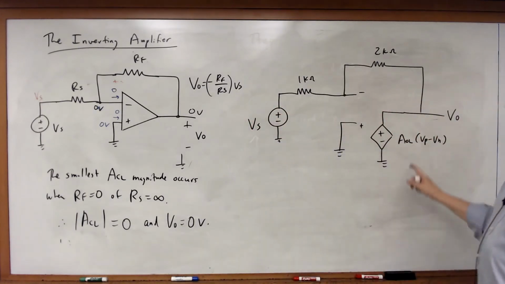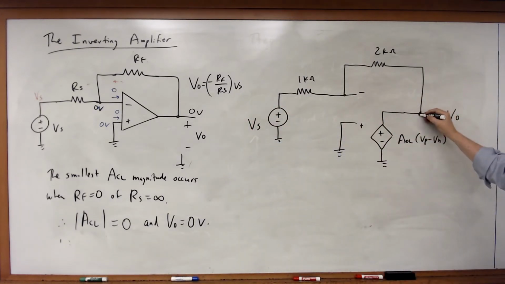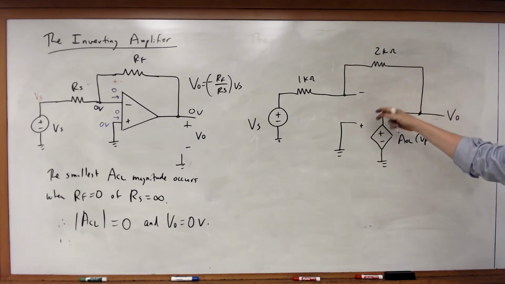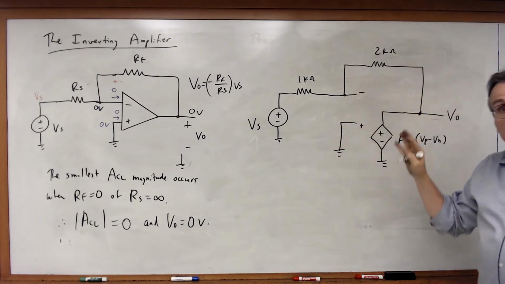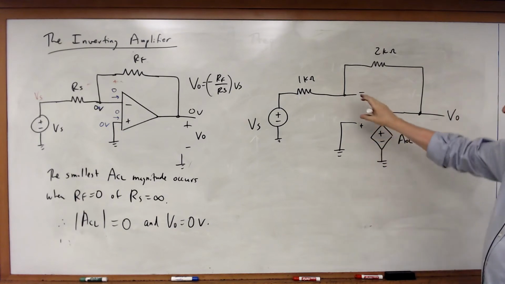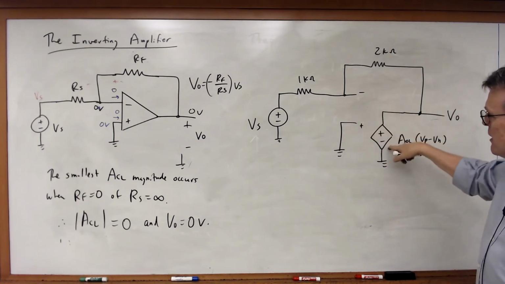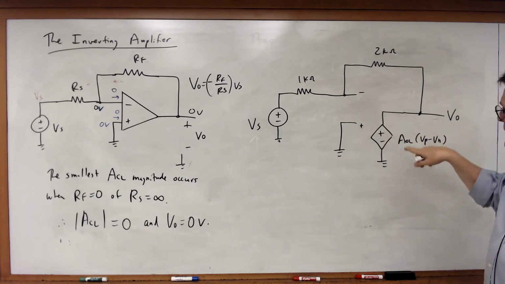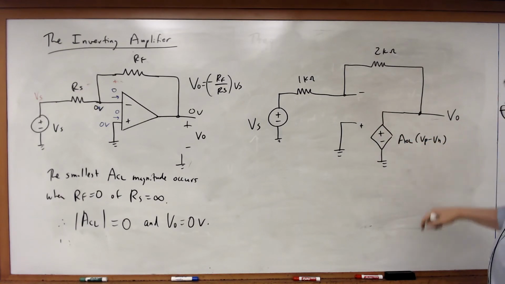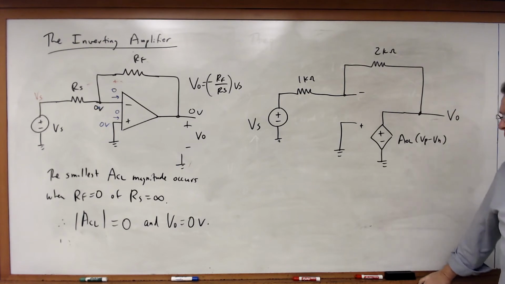So in this case, I'm going to treat this circuit as if the op-amp is nothing more than the very simplified model we talked about before. I've just got a couple of wires in which the voltages appear, and then I've got a dependent voltage source that's connected to the output, and AOL times VP minus VN is the expression for that dependent voltage source.